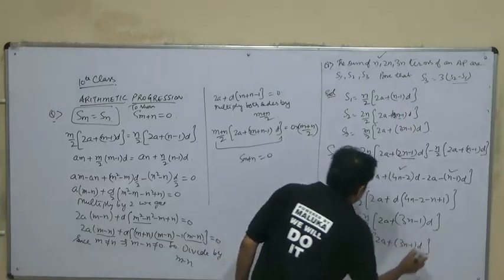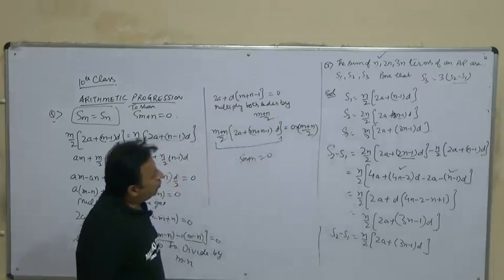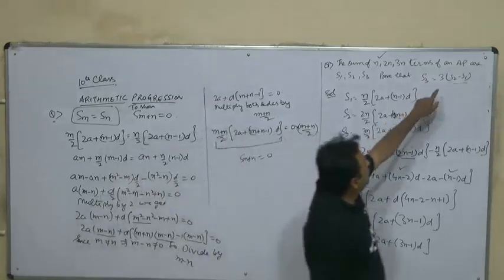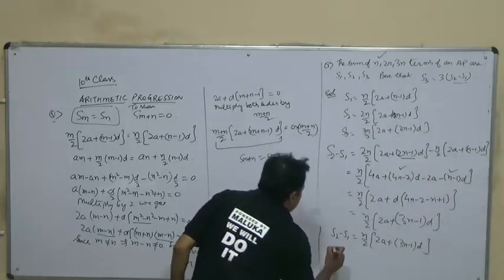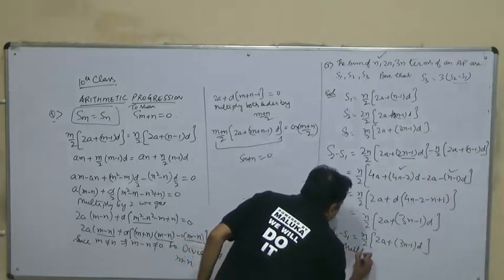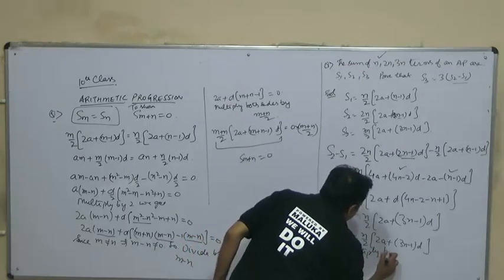So what we have to do now, we have to prove 3 into (S2 minus S1). So multiply both sides by 3.